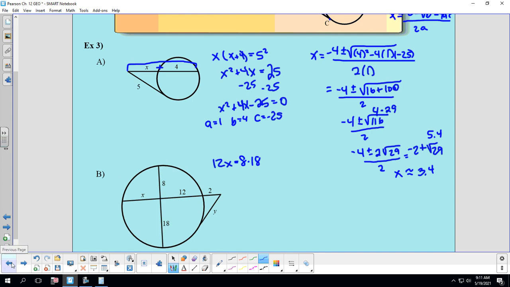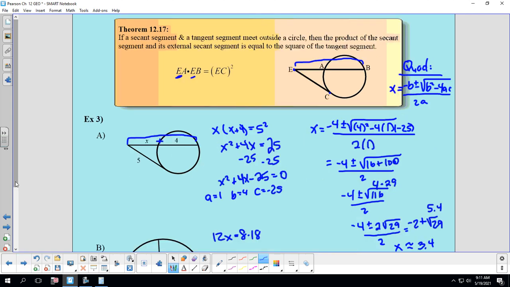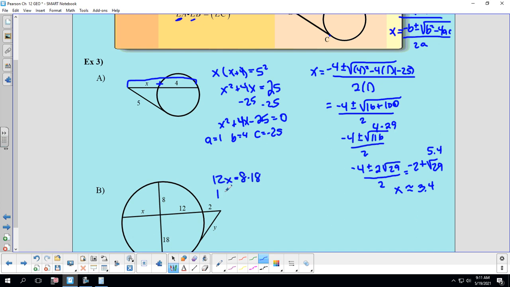Let me show you which property that is. That's this property here. Eight times 18 is 144. Divide both sides by 12, and x is equal to 12. Woohoo!